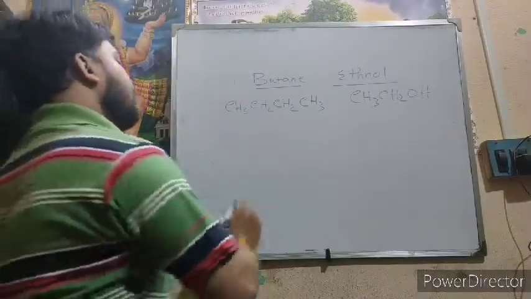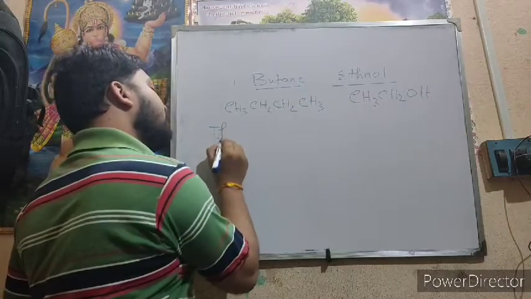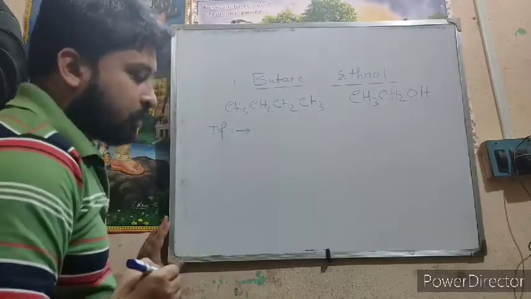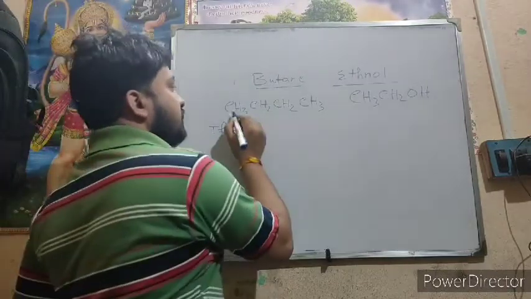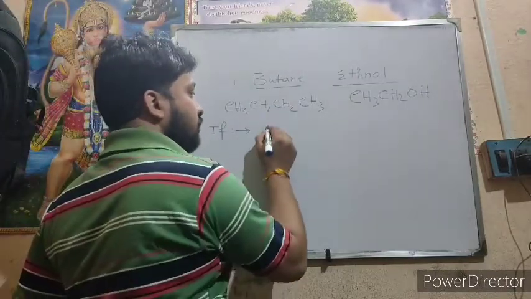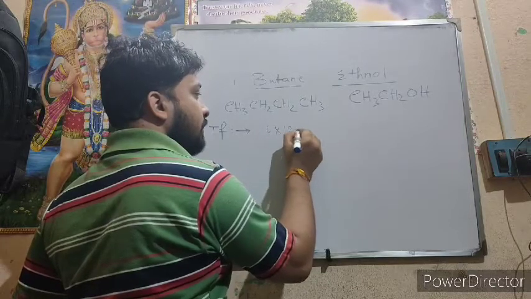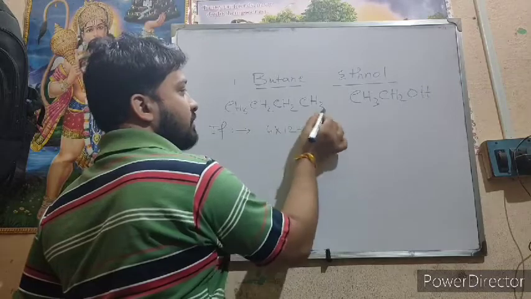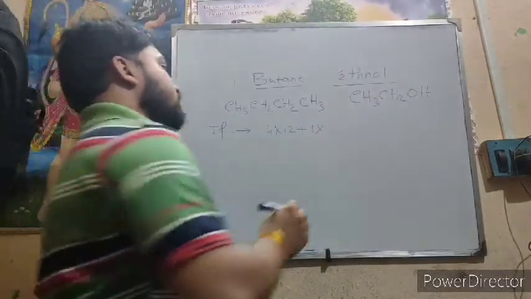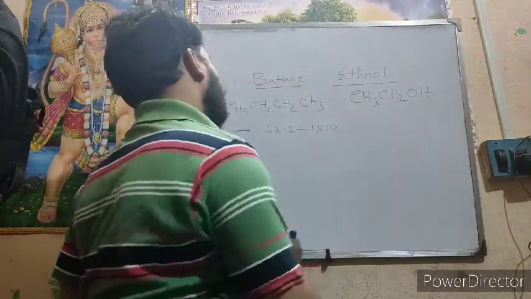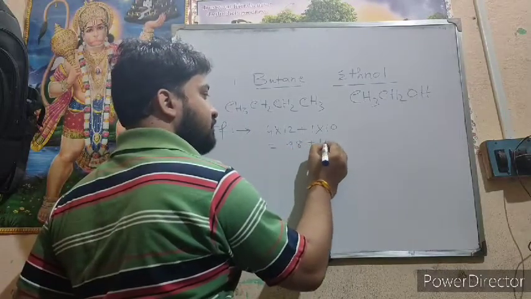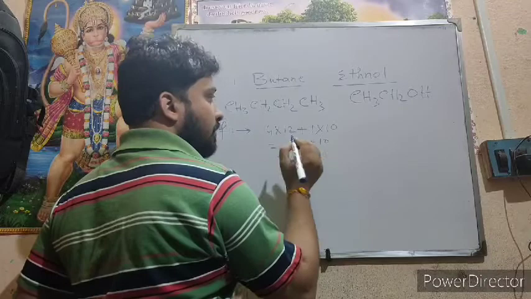If we compare their molar mass, for butane C4 is 4 into 12 equals 48, plus 1 into 10 equals 10, so the molar mass is 58.